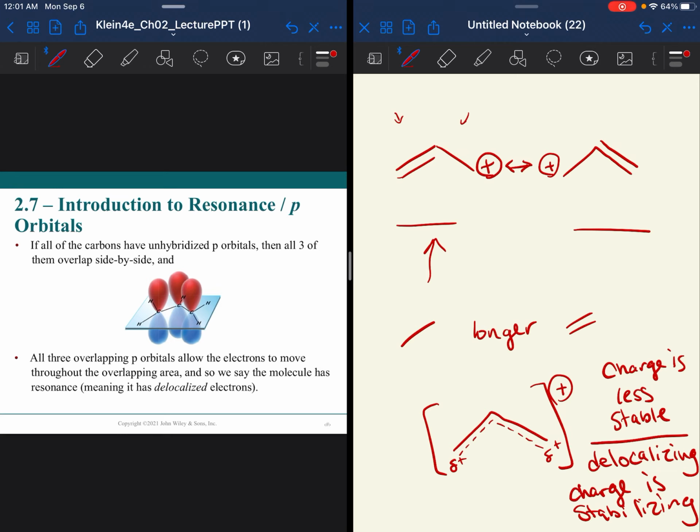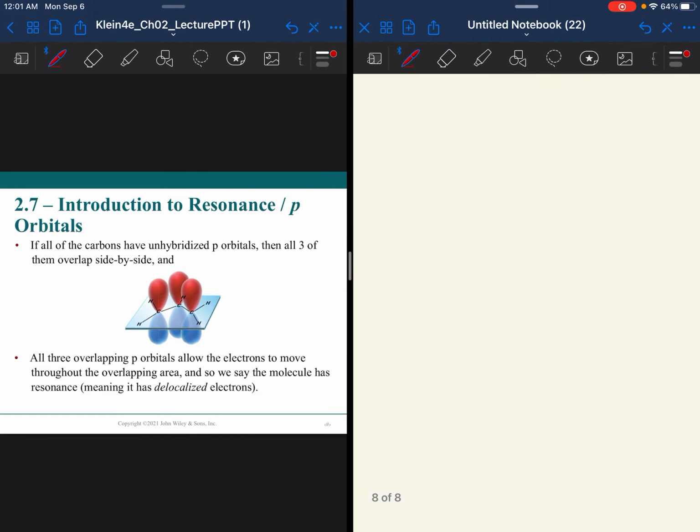Now, how does this work when we think about bonding? Well, when we look at these 3 carbons, we'll have our picture up here. These 3 carbons are held together by sigma bonds. That's that head-to-head overlap of some sp3 or sp2 orbitals, sp2 in this case.